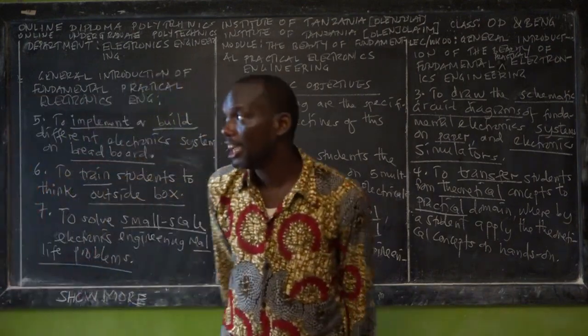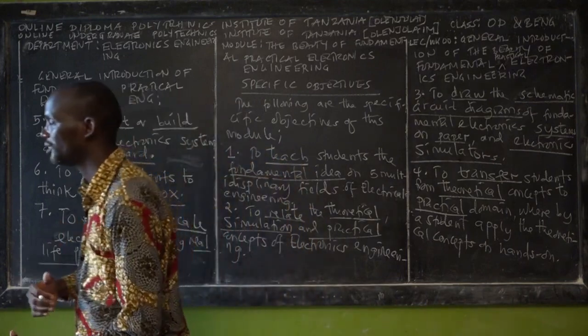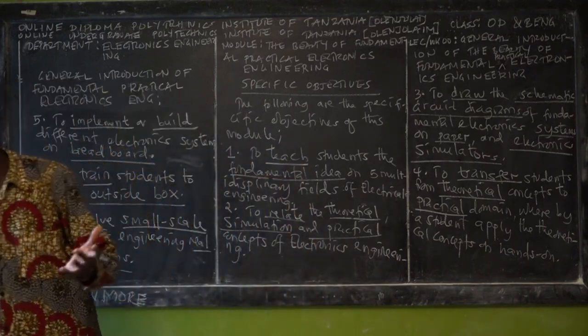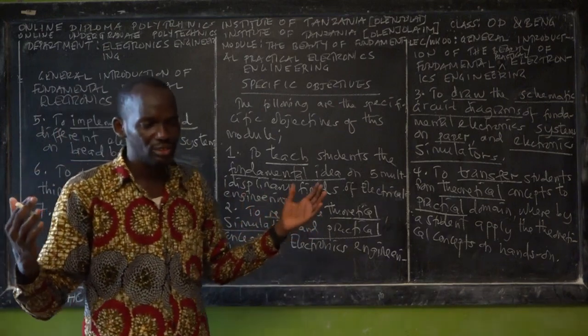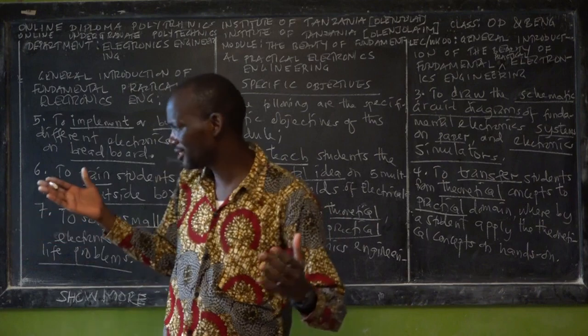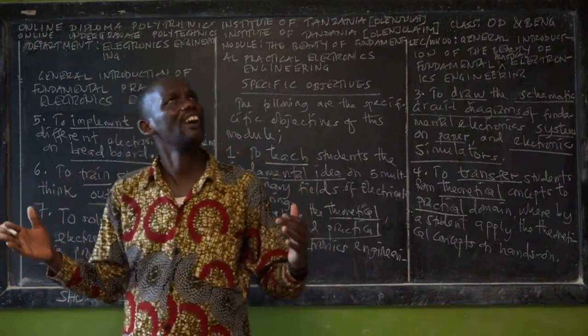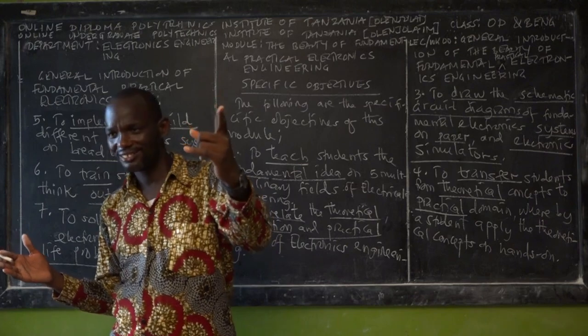But another way is that from one workshop to another, I'll be opening your mind. Even when you are traveling, you can notice that here there is an electronics problem. What can I do here? How can I figure it out? How can I control that one?